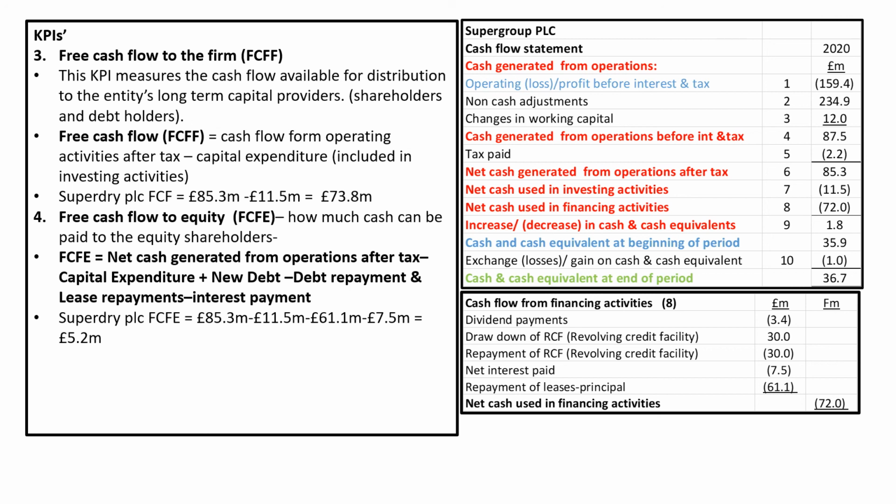We take away the 11.5 million in capital expenditure, and if we look at the cash flow from financing activities, we take away the repayment of lease principal of 61.1 million, minus the 7.5 million of interest paid, and we end up with a free cash flow to equity of 5.2 million.